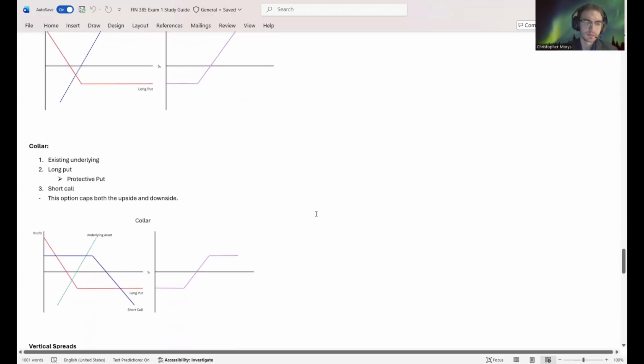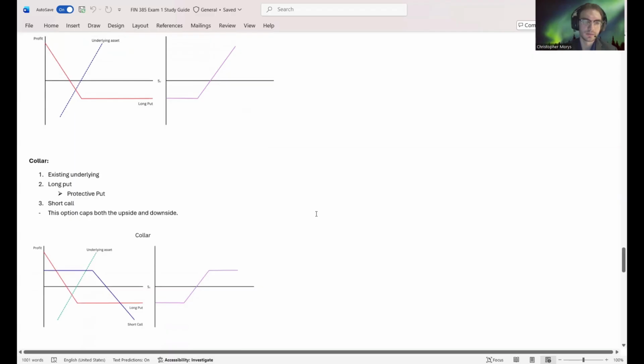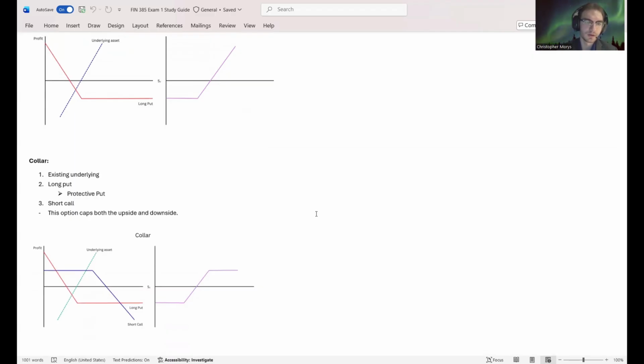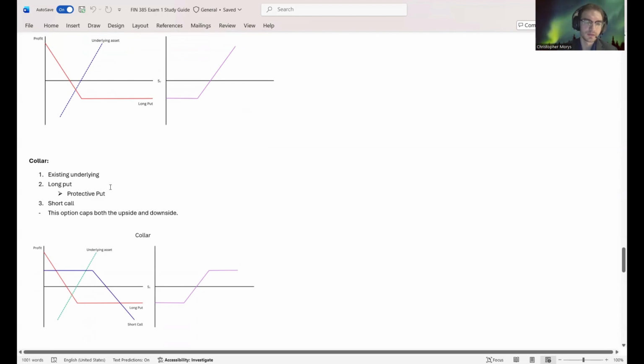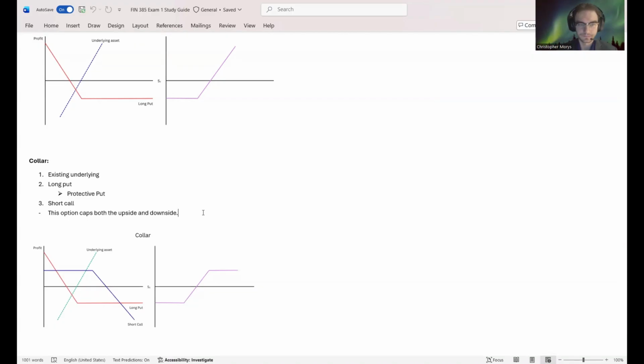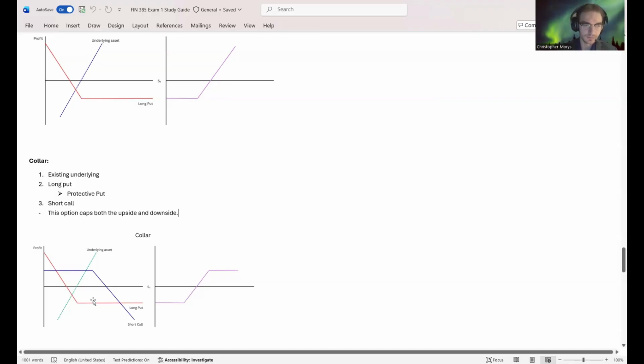The last thing before we get into vertical spreads is called a collar. A collar is basically a protective put plus a short call. And this strategy caps both the upside and the downside. So here we're adding the short call.